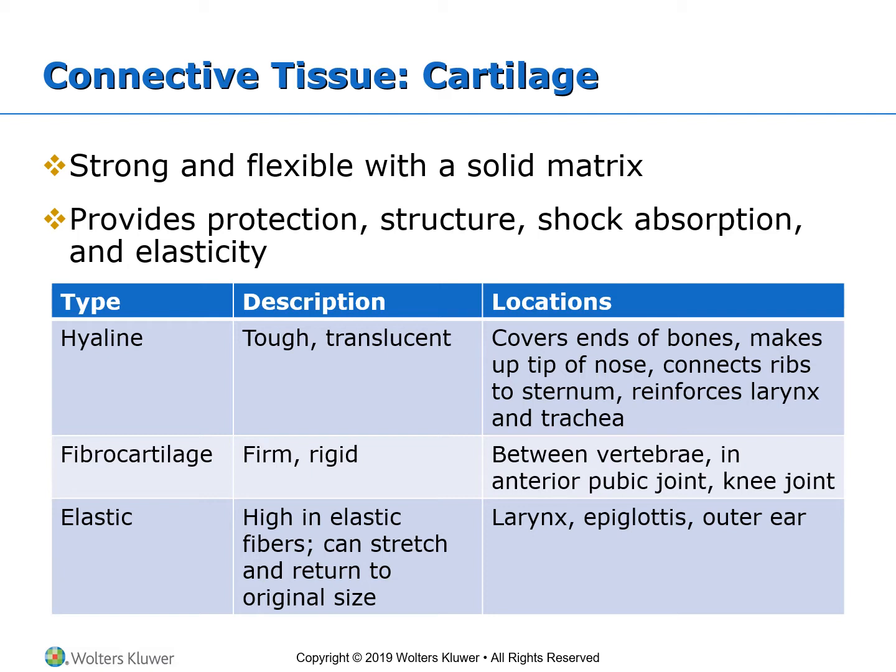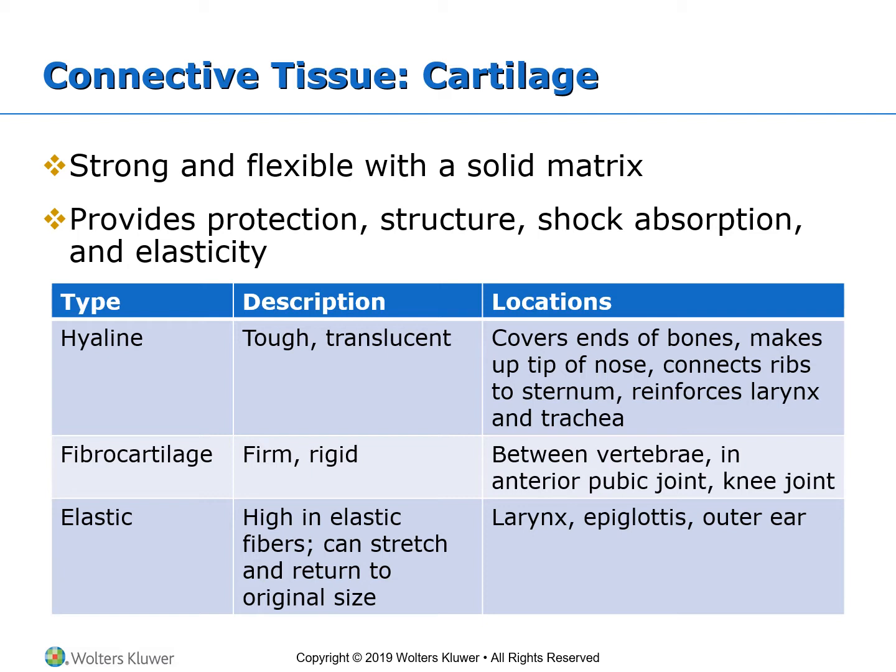Before going into the types, I would like to mention that the cells found in cartilage are called chondrocytes. The name comes from the word chondro, which means cartilage, and cyto, which means cell. So chondrocytes are the cartilage cells, if we really translate the word.